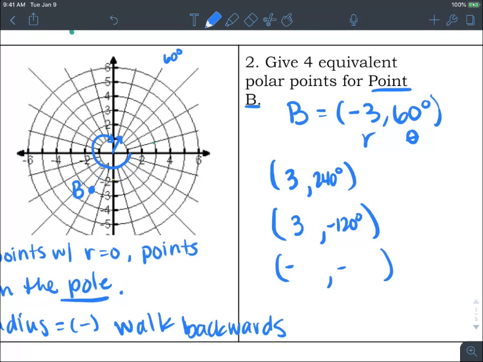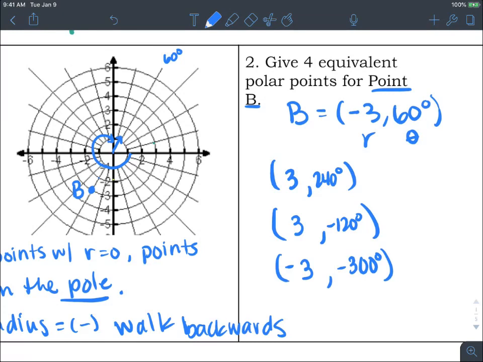So my angle would be -300, 360 minus 60. -360 minus -60 gives you -300. And then I'm walking away, which is -3. So all of these points are equivalent to my original B point. We end up in the same place, but they're described differently.